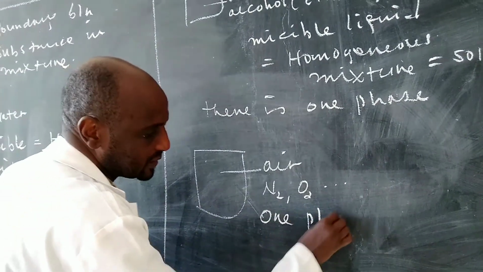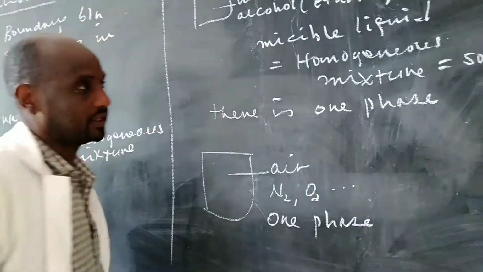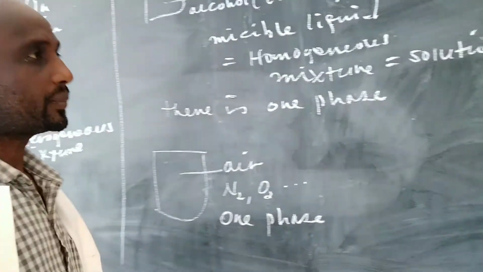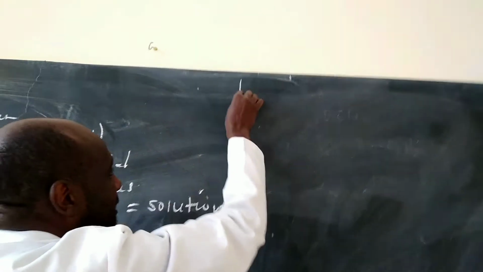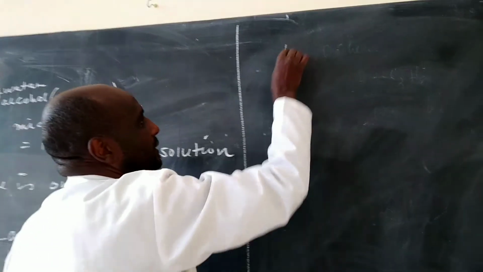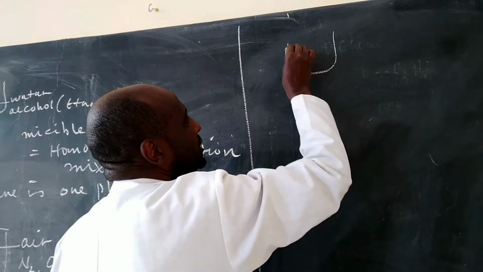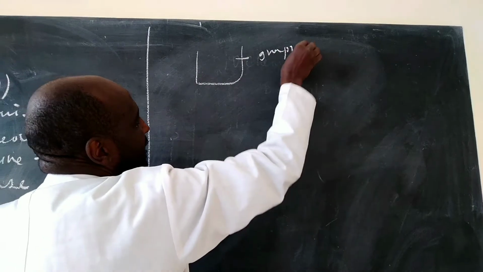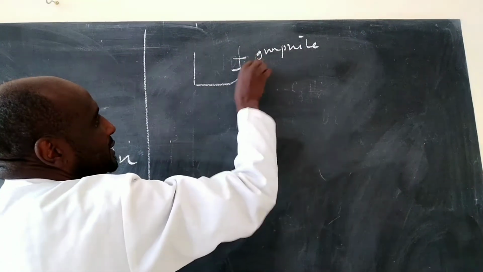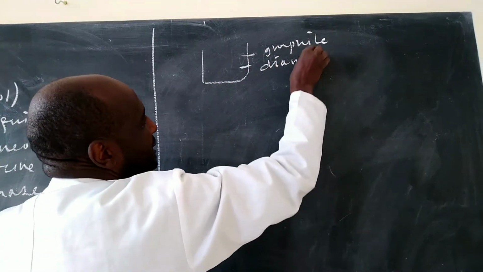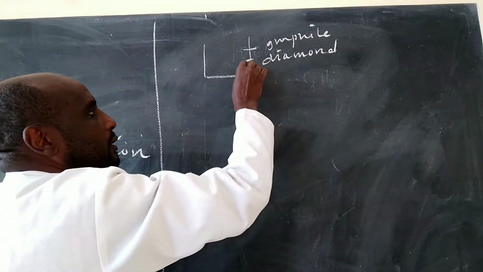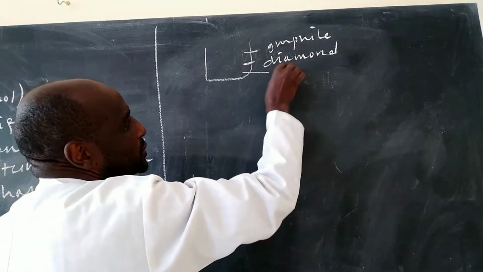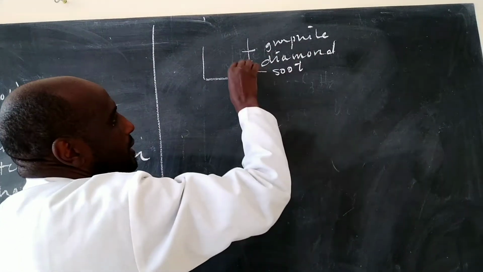If you take another example, let's say solid materials like graphite, diamond, and also others, let's say soot, cork.